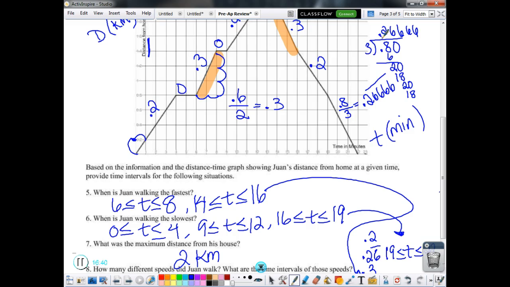Really? Yeah. It's ugly, because it's not perfect. It keeps repeating. Well, they're all rational. No, they're all rational, because they're a fraction.